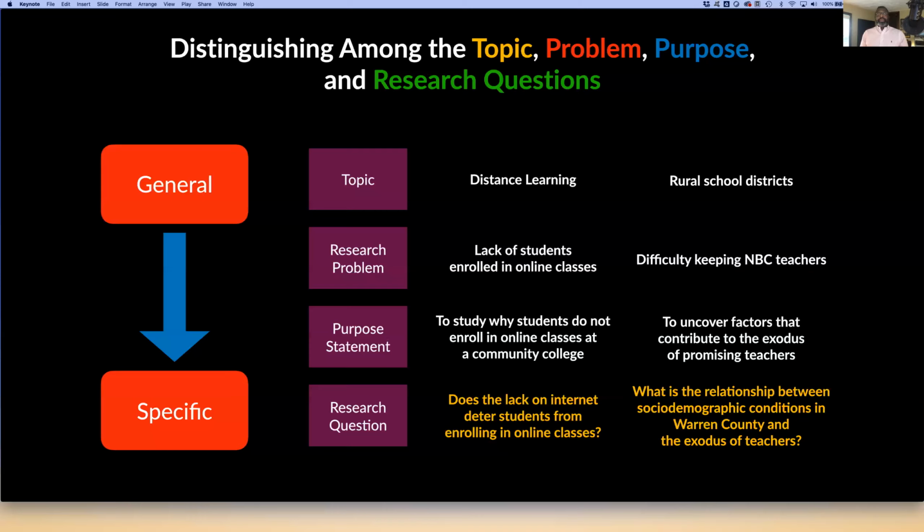And so a community college in, let's just use Northampton County because its internet infrastructure is horrible, may want to study, before I invest all this money into distance learning, should I be looking at internet infrastructure as a function of people's choices to enroll in online classes? Does that make sense?